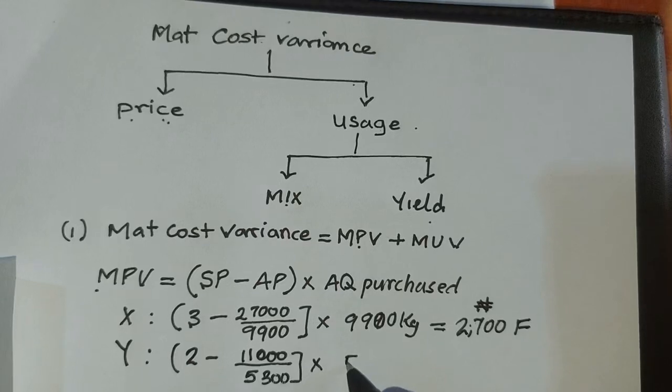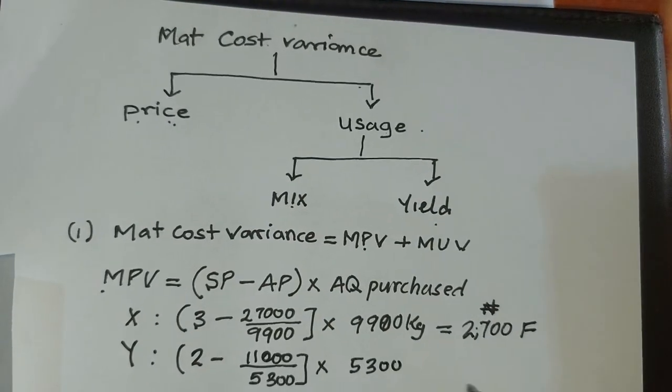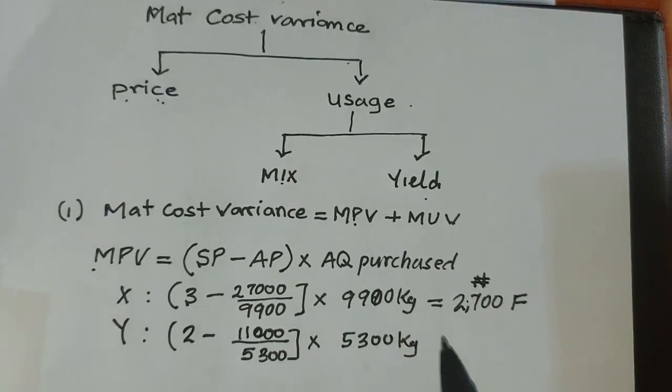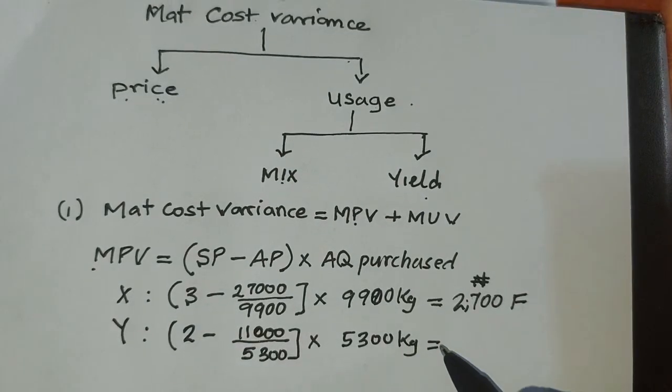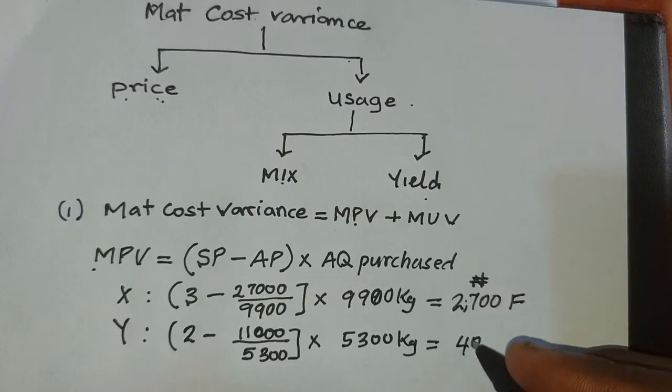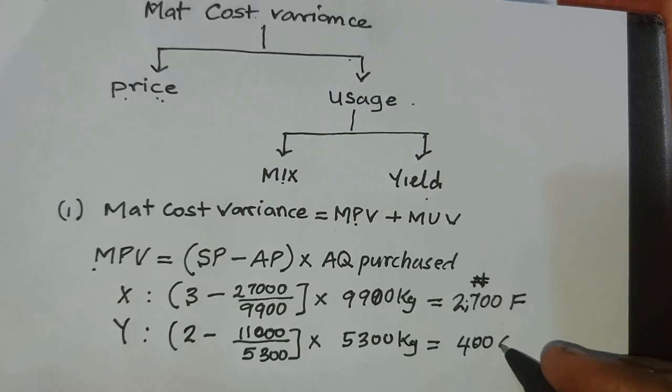Then multiply by 5,300 kg, the actual quantity purchased according to the formula, and that will give you 400, and it's negative, that is adverse.